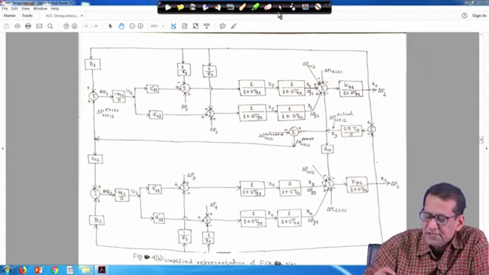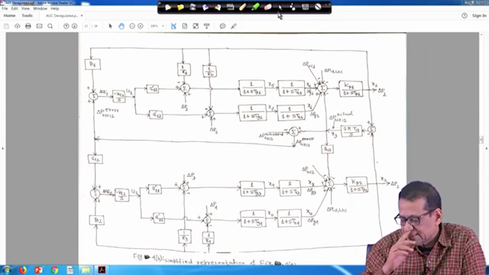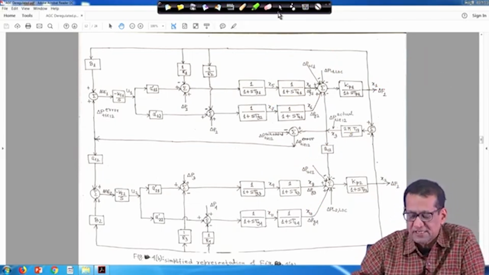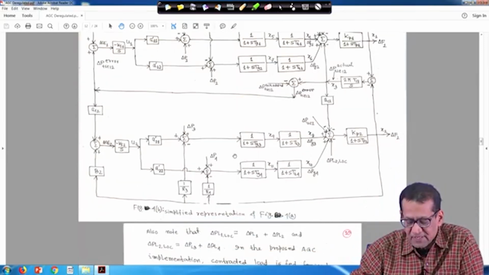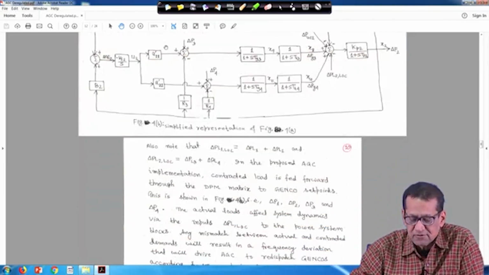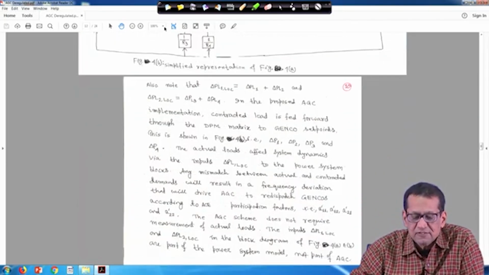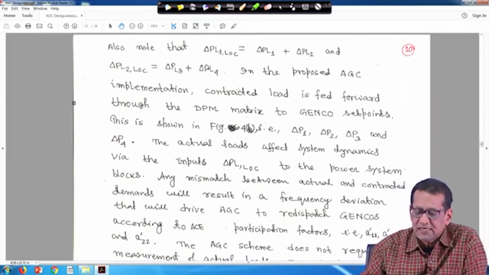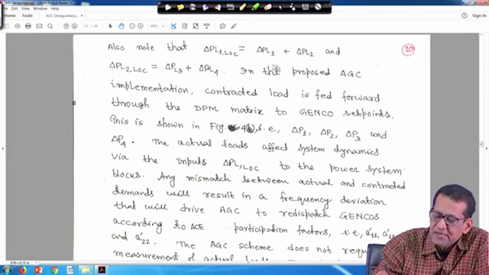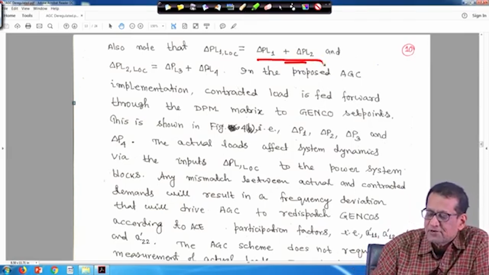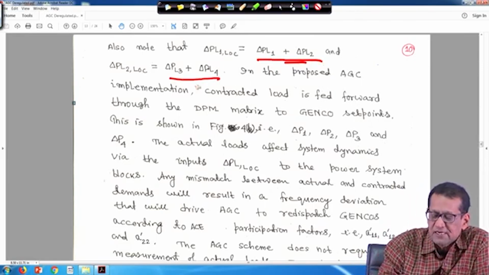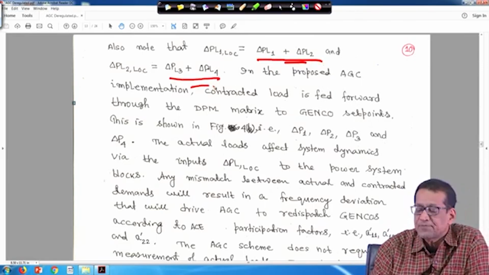So, this way we have to make all the state variable equations. Also note that I told you delta PL local will be delta PL1 plus delta PL2, and this one will be delta PL3 plus delta PL4.